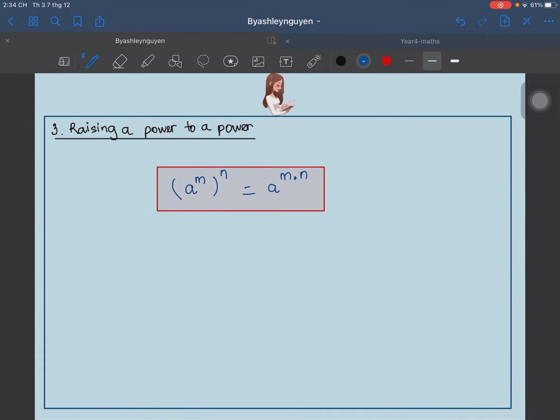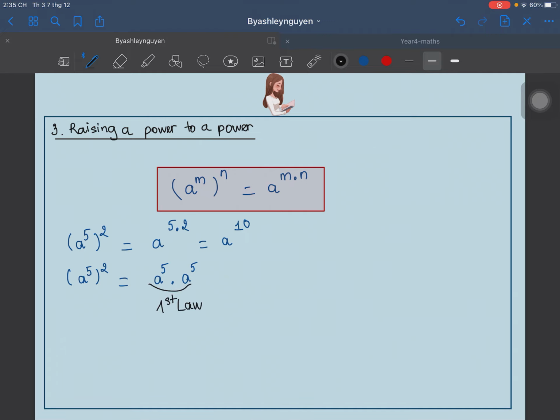For example, a to the power 5, all to the power 2, equals a to the power 5 times 2 according to the formula, which equals a to the power 10. I can write it another way and extend it as a to the power 5 times a to the power 5. It's the first law of indices, multiplying indices with the same base. All we need to do is add the powers together: 5 plus 5 equals 10, a to the power 10.